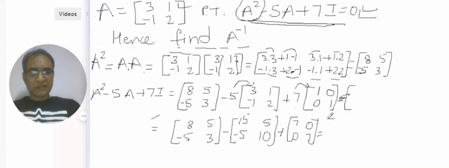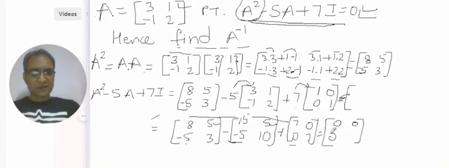Now let us simplify this. This becomes 8 minus 15, that means minus 7, plus 7, 0. Second element, 5, this minus 5, 0. Third element, minus 5, and this minus minus plus 5, 0, plus 0, 0.